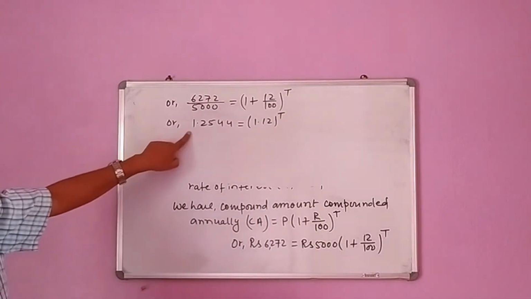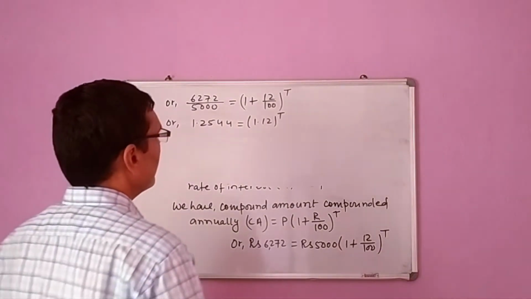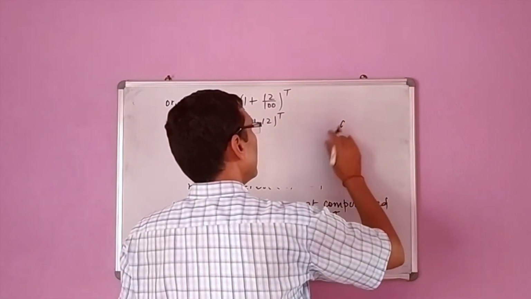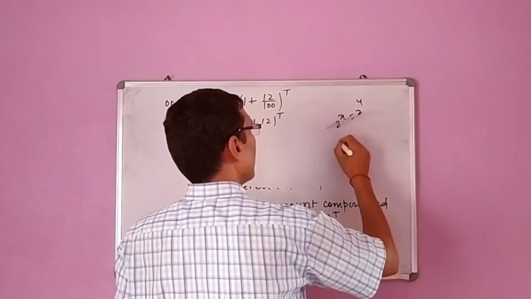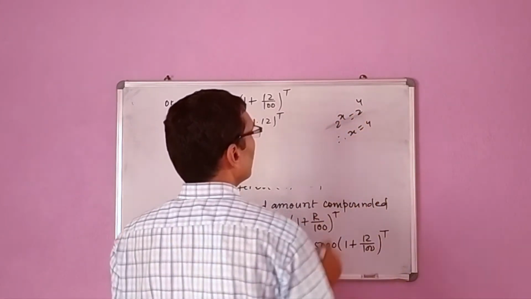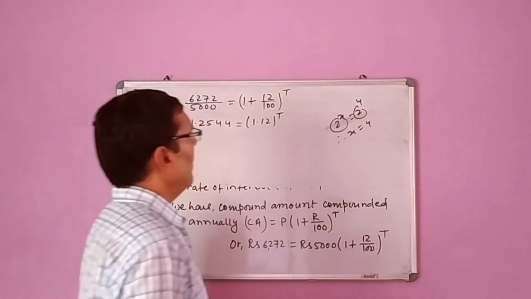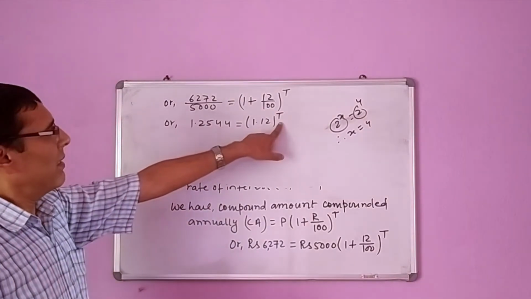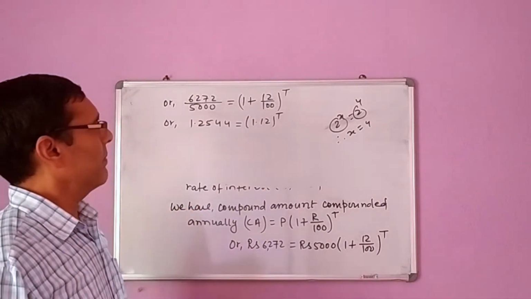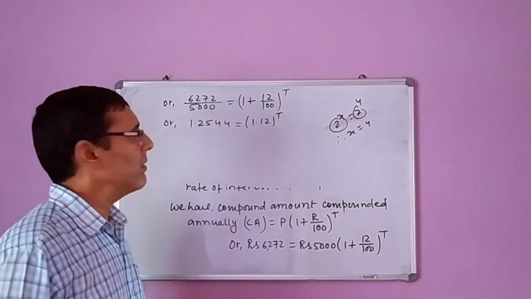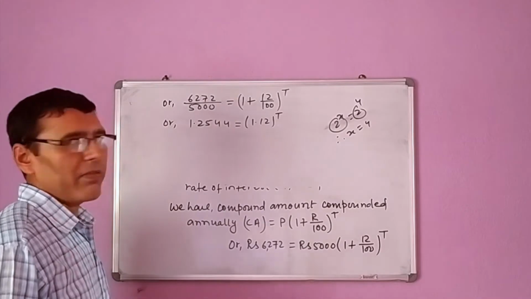Now we have to write this expression in the form of an exponential equation. If we have 2 to the power x is equal to 2 to the power 4, then we can write x is equal to 4, when we have the same base. The variable whose value we have to calculate here, t, is appearing in the power of the exponent on the right hand side, whose base is 1.12.